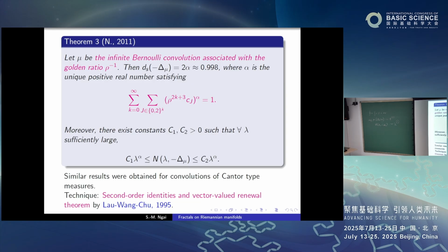Unfortunately, this is the only Pisot number for which the measure can be computed this way. For the other Pisot numbers, we don't have a way to compute the measure this way. So for this particular infinite Bernoulli convolution, even though it does not satisfy the open set condition, we still know quite a lot because of this idea, the second order identity. So we're able to compute this, but there are other measures, like convolutions of Cantor measures, that have the same property, so the same technique can be applied.